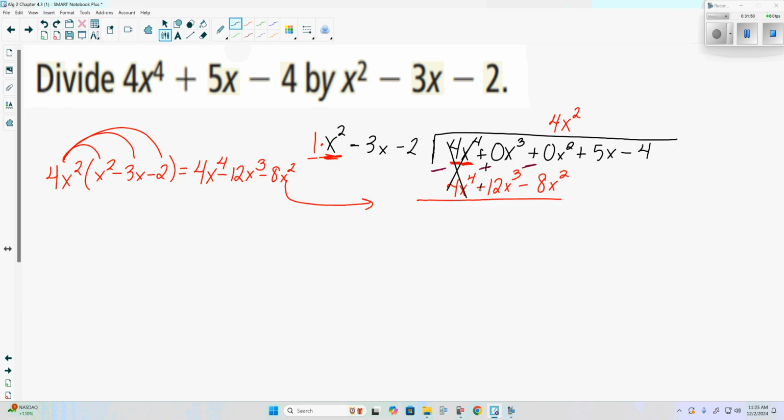The negative negative makes a plus. 0 plus 12 is 12x cubed. 0x squared minus negative 8x squared. The negative negative makes a plus, giving us plus 8x squared. And lastly, we bring down the 5x.